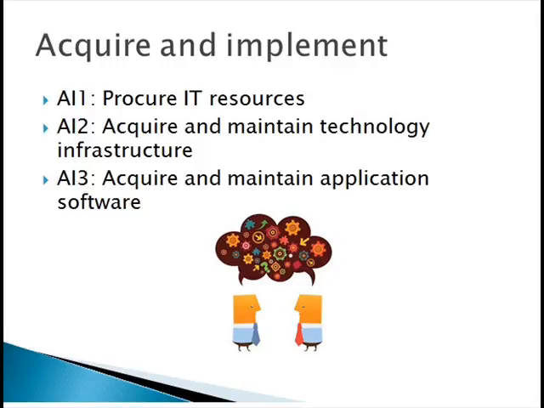Second, provide reliable IT resources. Activity goals: plan resource acquisition and/or maintenance. About the metrics of procure IT resources, we have first IT goals, the number of resources needed for the processes. Process goals.